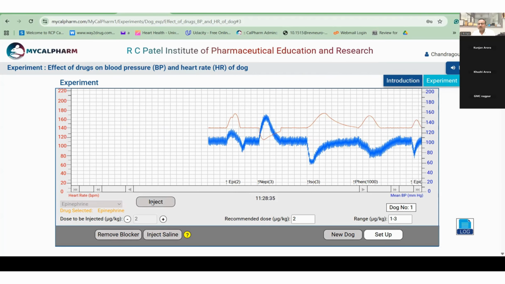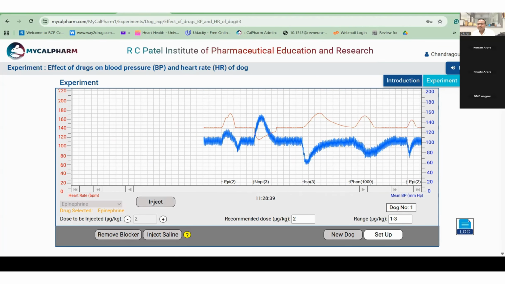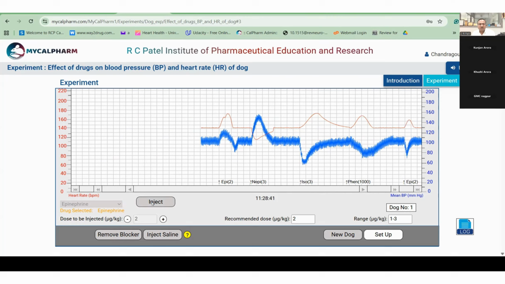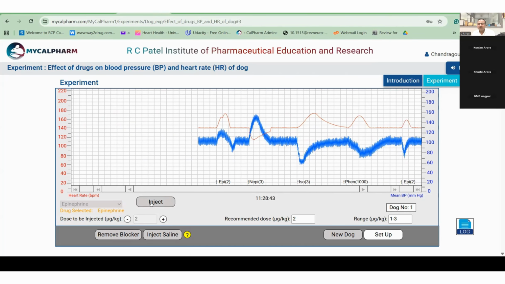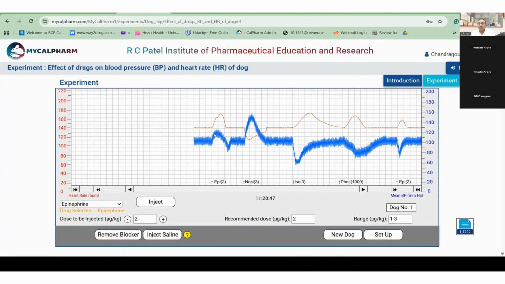Now we can ask our students why this is happening. After administration of the alpha antagonist phentolamine, why is adrenaline just showing a fall in blood pressure, and there is no rise in blood pressure, which we had seen earlier in the absence of phentolamine? Then we can ask our students to find out the reasons for such a fall.